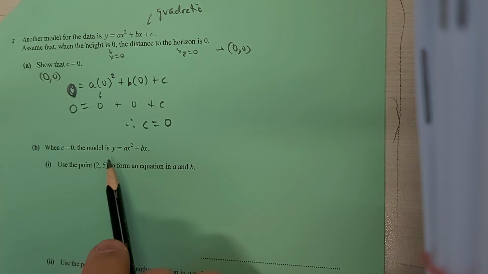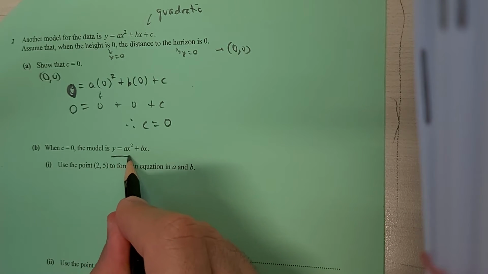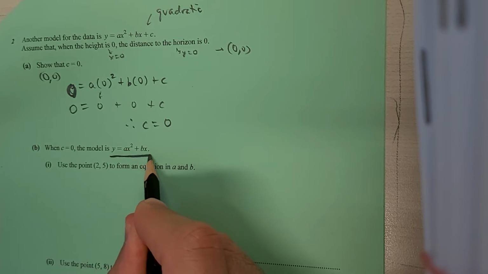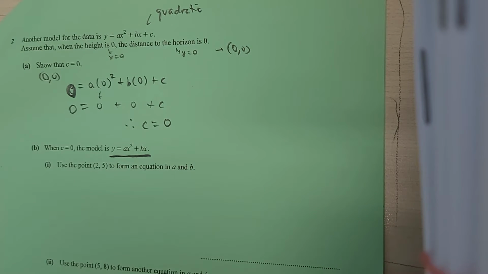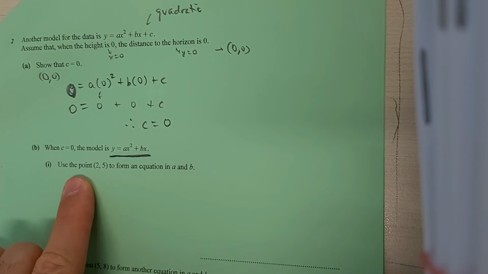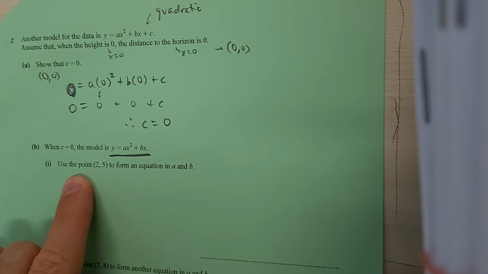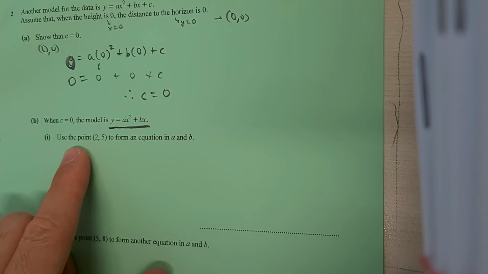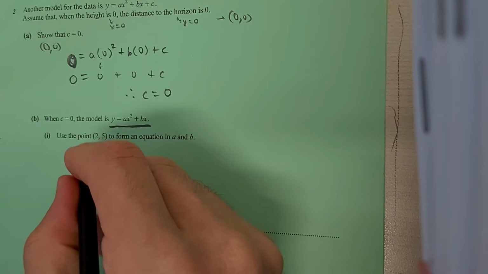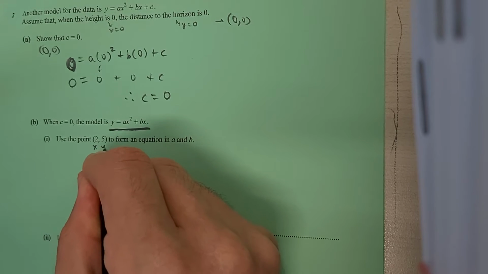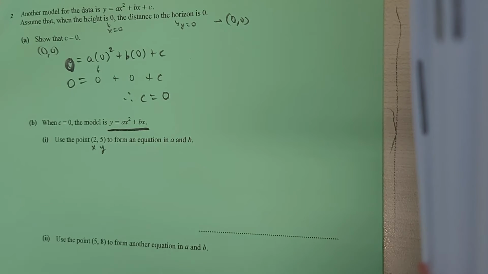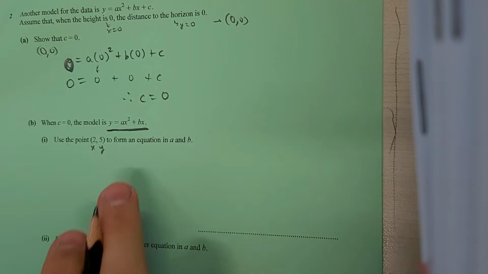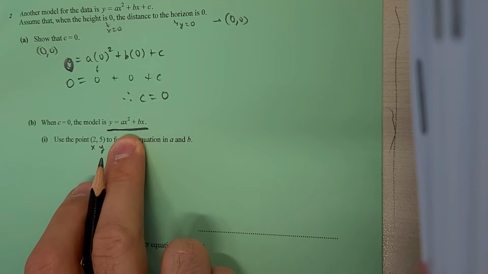Now, when c equals 0, the model is y equals ax squared plus bx. That's nice because I only need to find a and b. And it tells us to use the point 2, 5 to form an equation in a and b. At first that might sound a little bit strange, but basically 2, 5 is just a simple point in that set of data. So 2 would be x in this general equation, and 5 would be y.